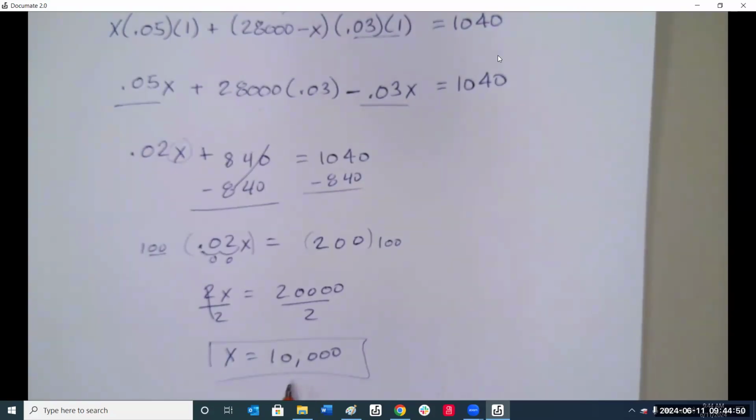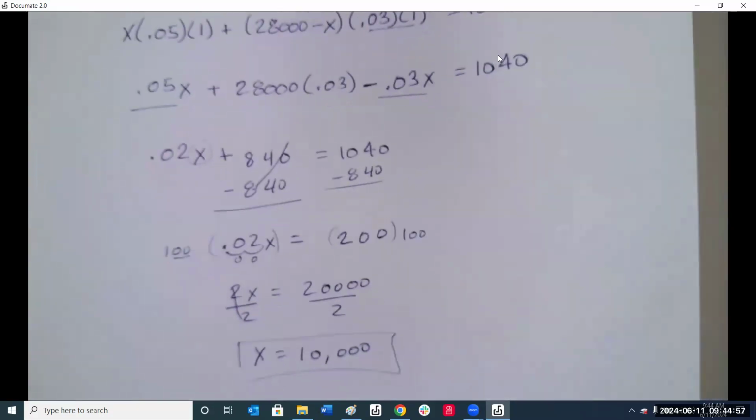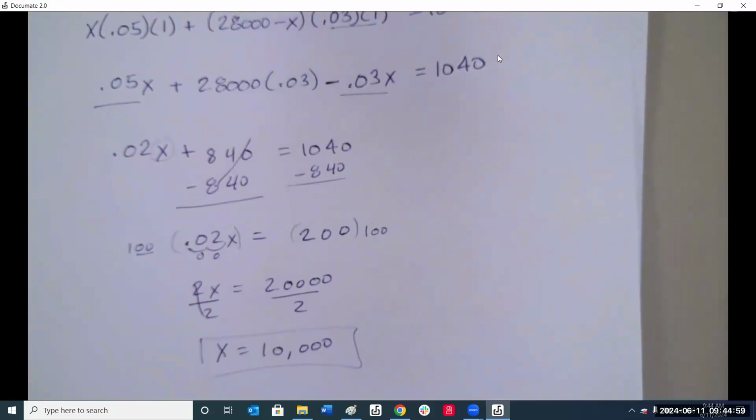So what does x represent? Which loan? So loan 1 was for $10,000.